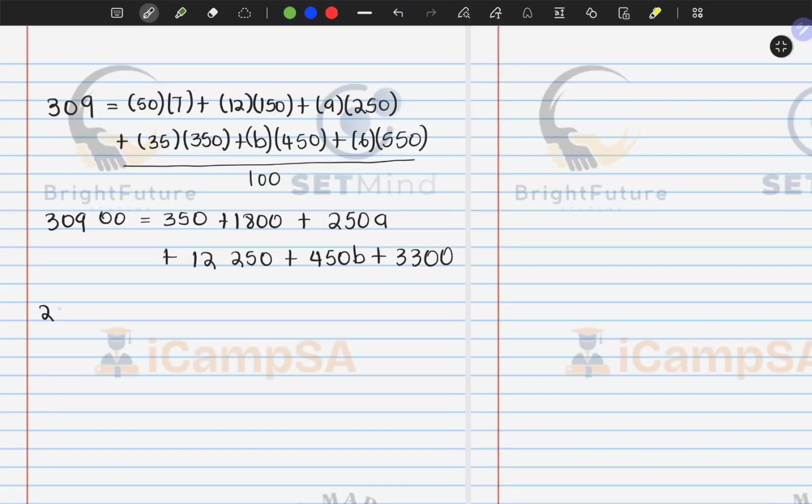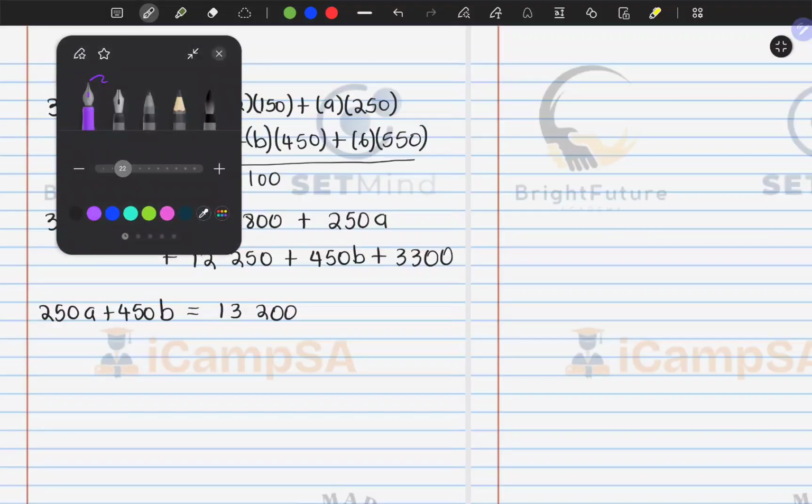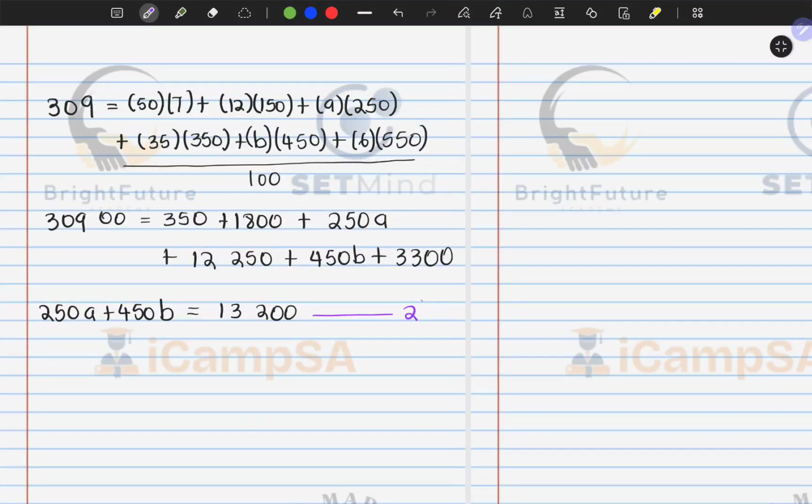So if you observe carefully, we'll have 250A plus 450B equaling 30900 minus 350 minus 1,800 minus 12,250 minus 3,300. And this here will give us 13,200.